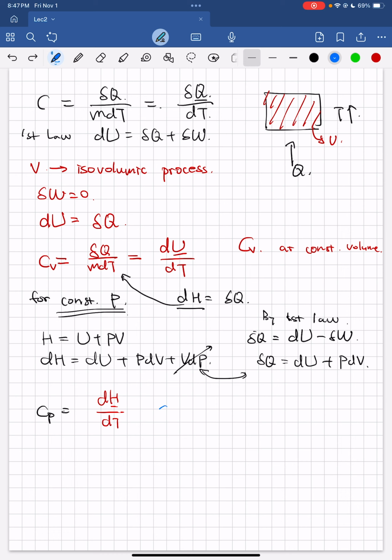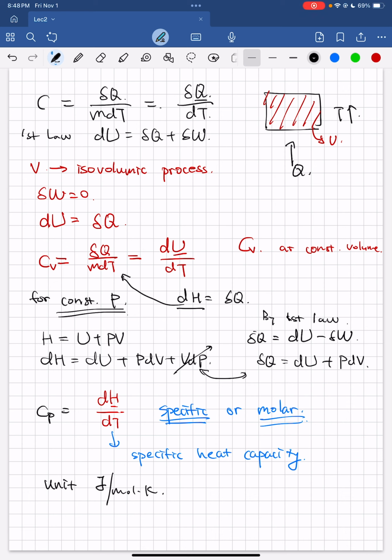It means specific or molar. Basically, they're the same concept, specific or molar. Okay, so that's why we call this specific heat capacity, which is why you can probably notice that the unit of capacity should be joule per mole K, right? Because this is joule per mole, and this is Kelvin.